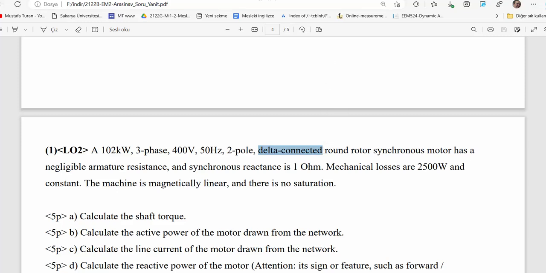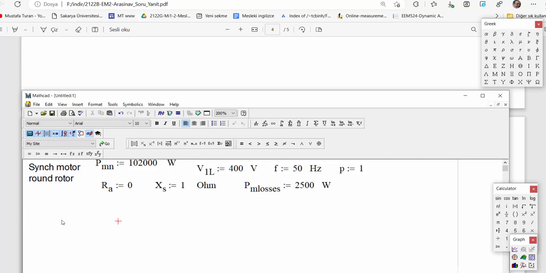Since the machine is delta connected, winding voltage or single phase voltage is equal to line voltage.